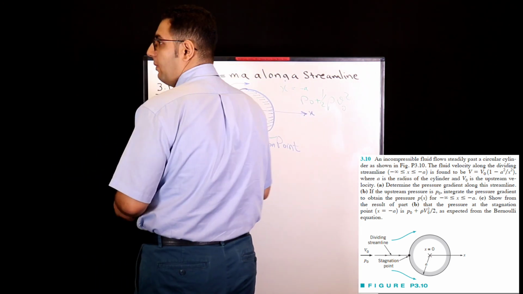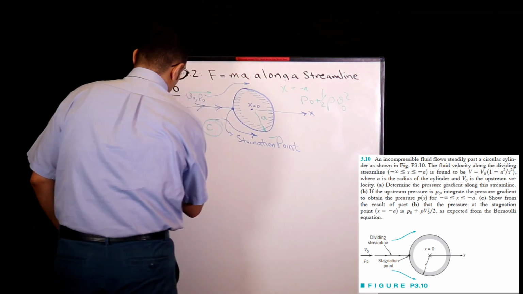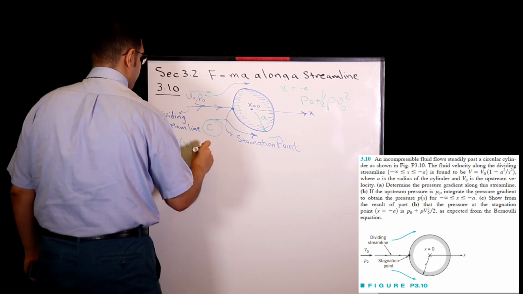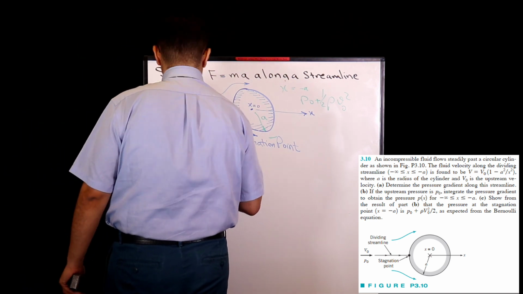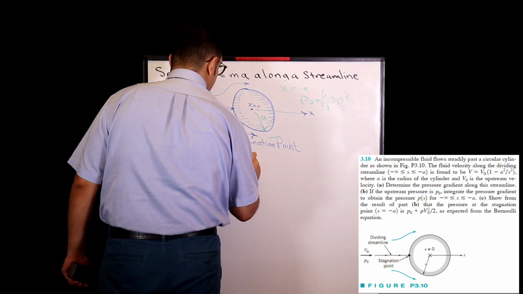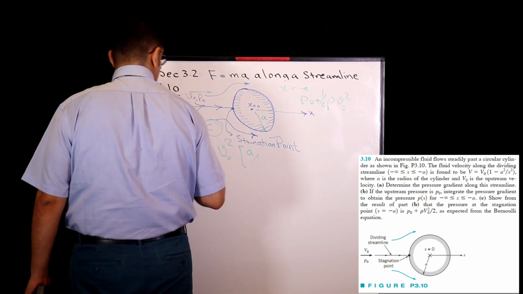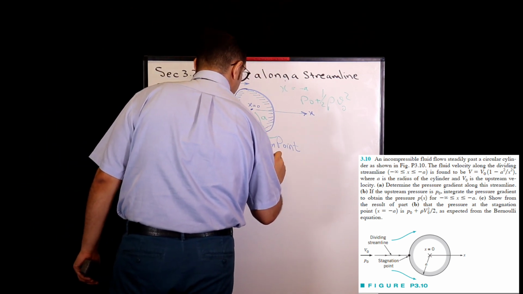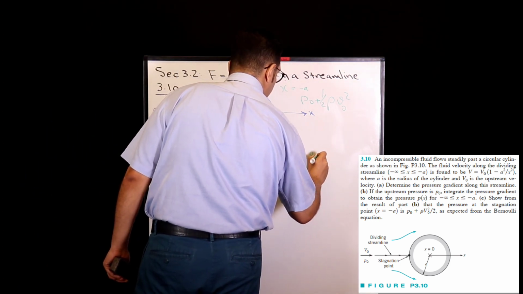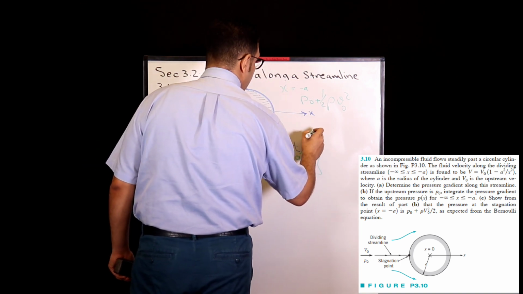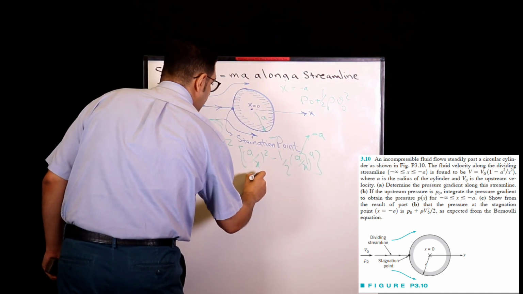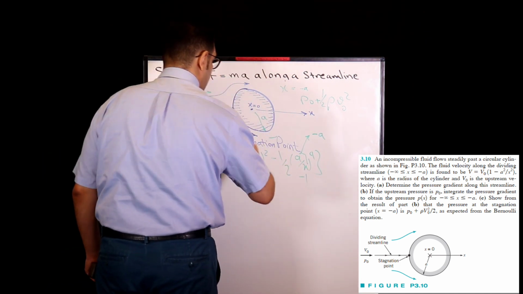From part B, we had the pressure as a function of x as P0 plus rho V0 to the power 2 multiplied by a over x to the power 2 minus 1/2 a over x to the power 4. If we replace x with minus a, we're going to have it as this, minus 1 as this.